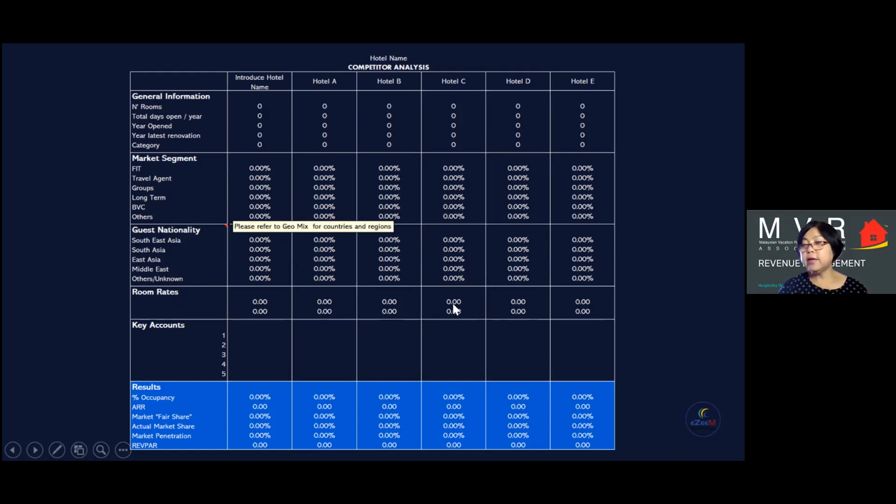Their room rate you can check online, or maybe if you go out for a sales call, you meet some very regular client, very key corporate account, you may want to ask what the competitor provides, the rates to them. And these are the key accounts. You got to list maybe very regular corporate or even regular individual accounts, okay? So you study your corporate accounts in detail.